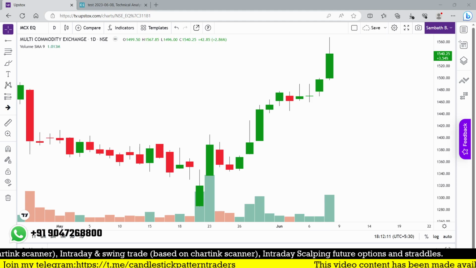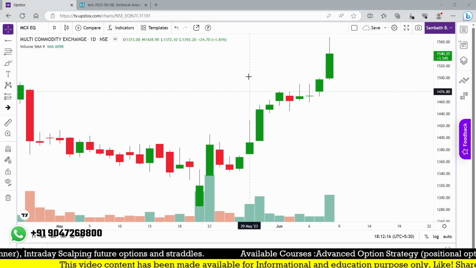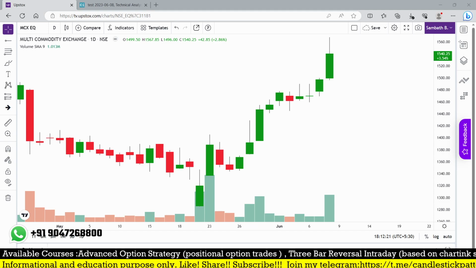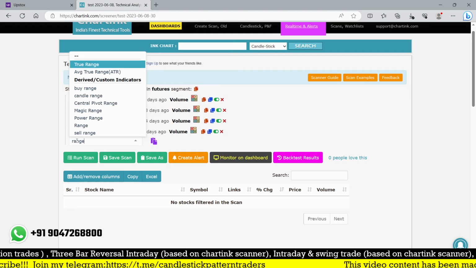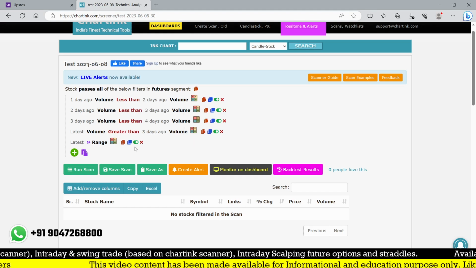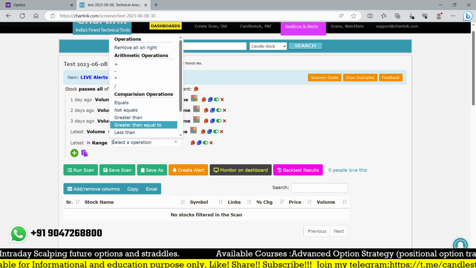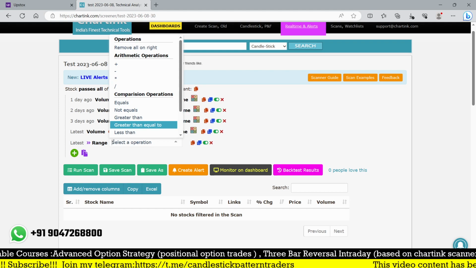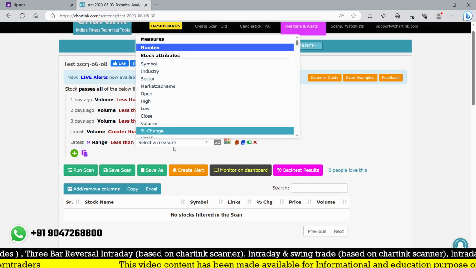So what we are going to use, we can use the custom indicators on this. High minus low, so that should be a 1. Let me add the high minus low, that should be the range of this candle. That is the high and low level range that we are following, and it must be less than open minus close.